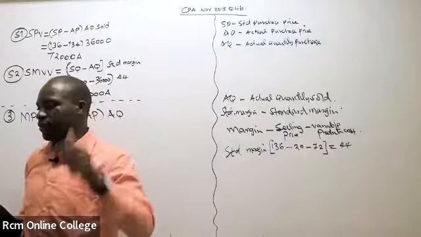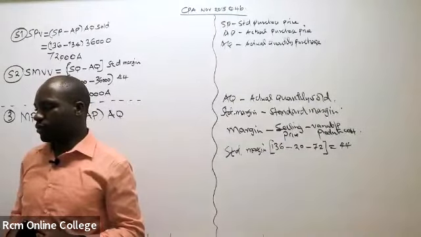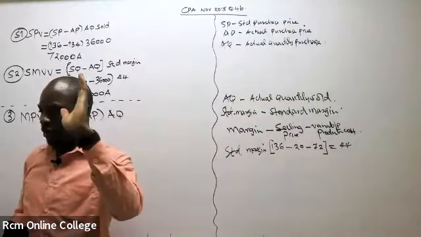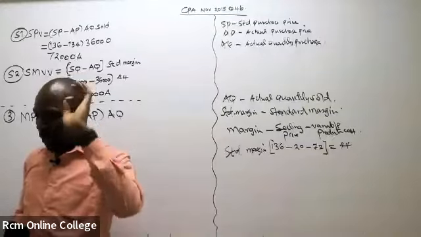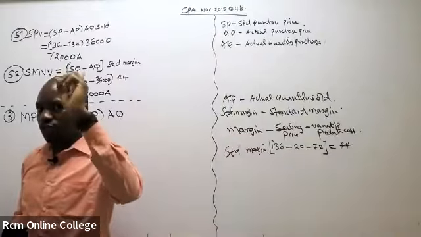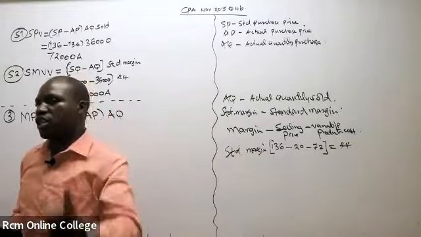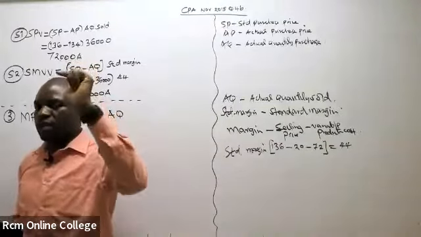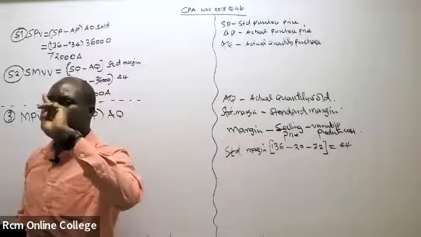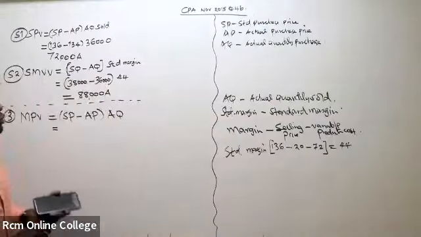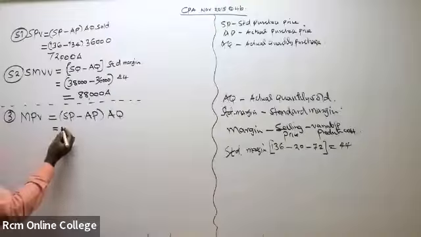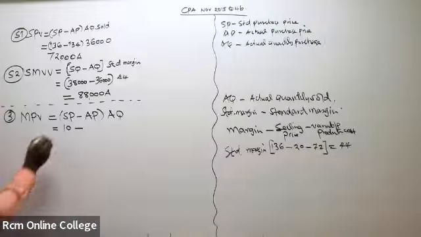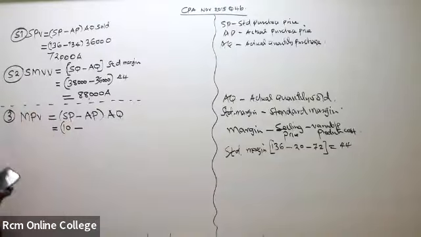So how much is that? It is 10 shillings. Standard price of 1 unit of raw material is 10 shillings. But the cost of raw material to produce a unit of finished product Q is 20 shillings. So what we are required to put here is the standard purchase price per unit of raw material, which is 10 shillings.